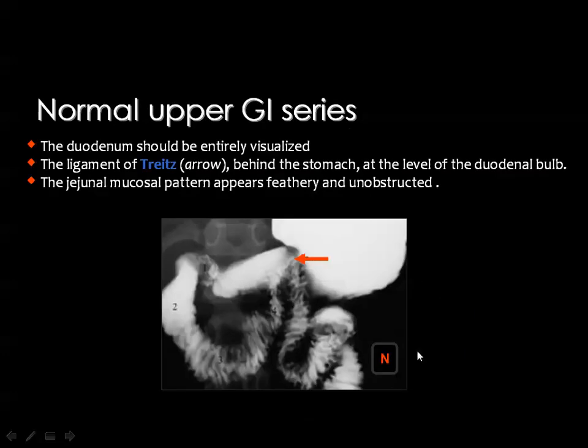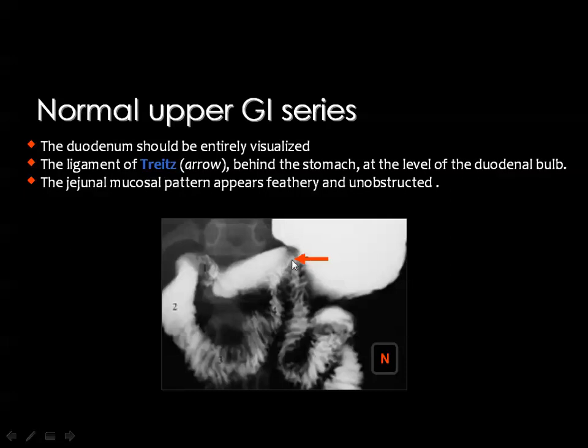If you give barium to the child and the barium has passed the stomach into the duodenum, then to the jejunum, the duodenojejunal junction is identified by this arrow, where a known ligament, the ligament of Treitz, is located.